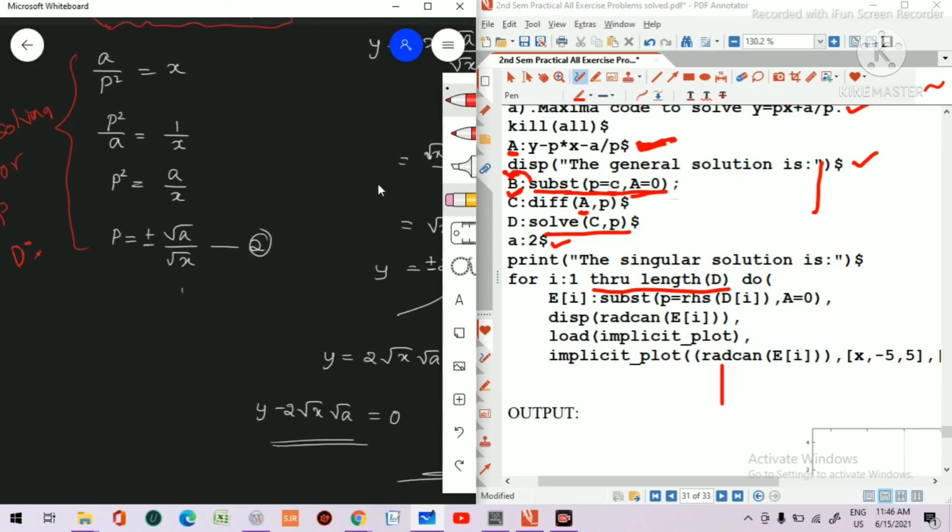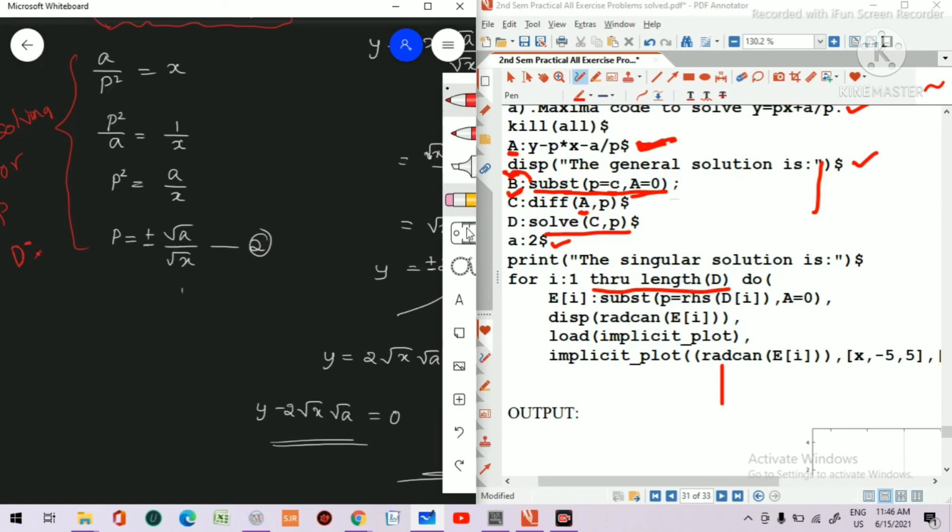We have learned in solving for p, if it is a quadratic equation, length will be 2. If it is a cubic equation, length will be 3. If it is a quartic, length will be 4. So that we are saying. Is it understood? 1 through length of d.